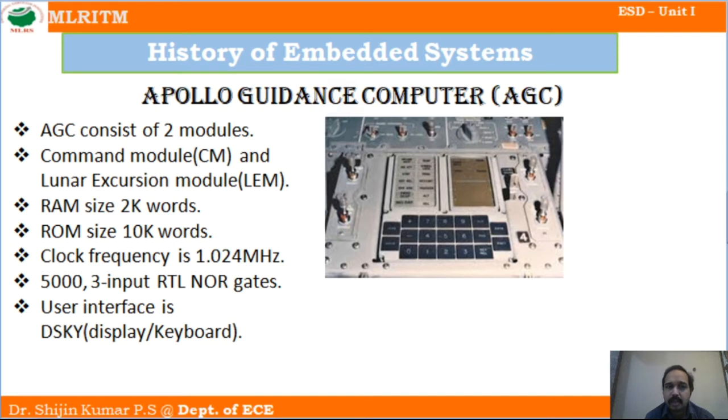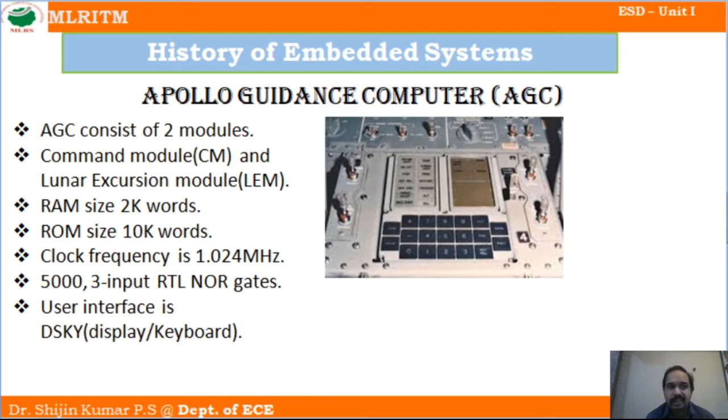The command module gives instructions for the navigation. The lunar excursion module helps the device to rotate, to circle around the moon. So this guidance computer consists of the command module and the lunar excursion module.